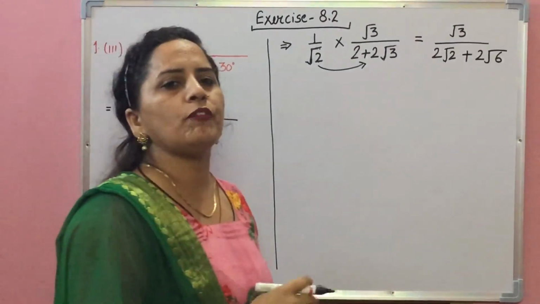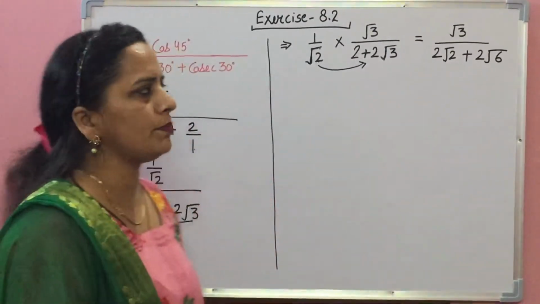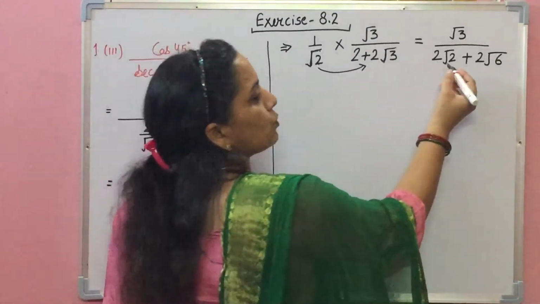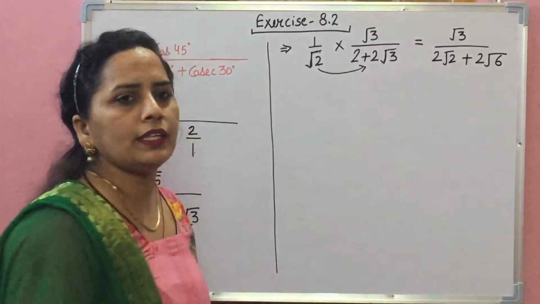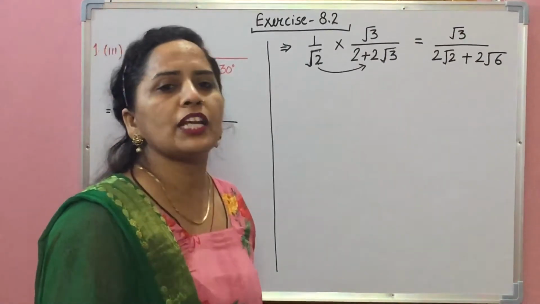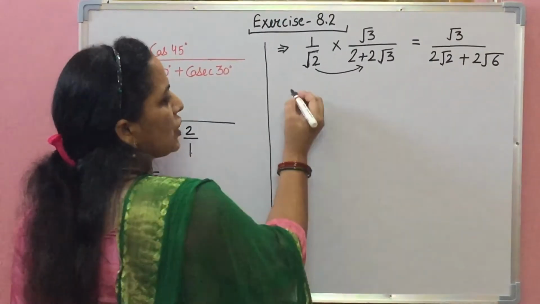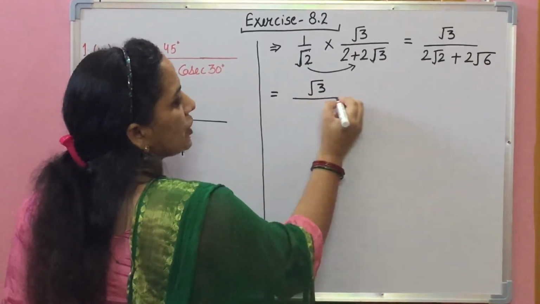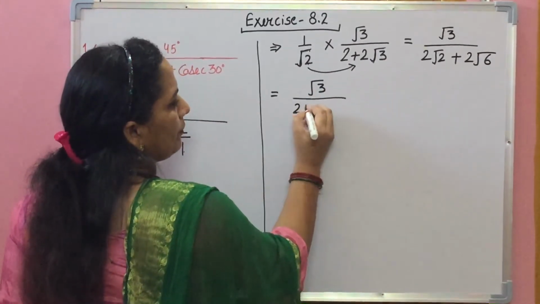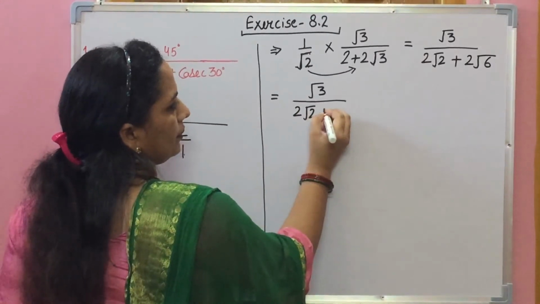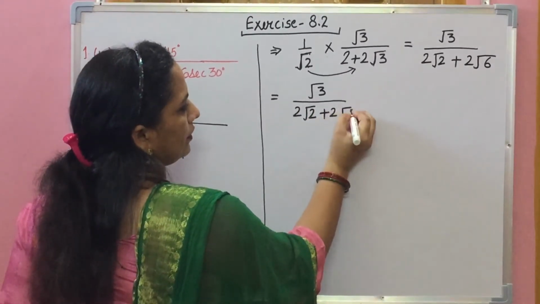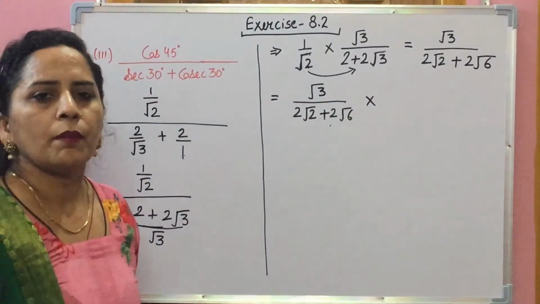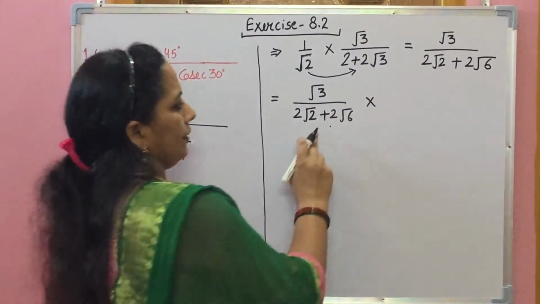That's why we have to further simplify these terms. And how can we simplify? When we have a square root term in the denominator, then we will rationalize the terms. Rationalize. We have studied in 9th standard how we do rationalization. Multiply and divide the same terms but change the sign.